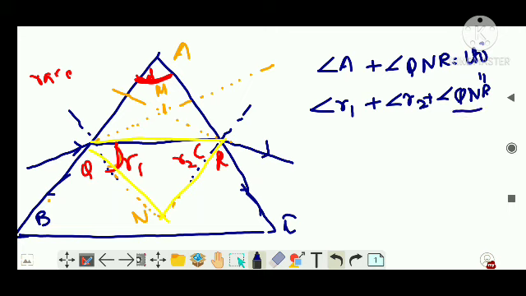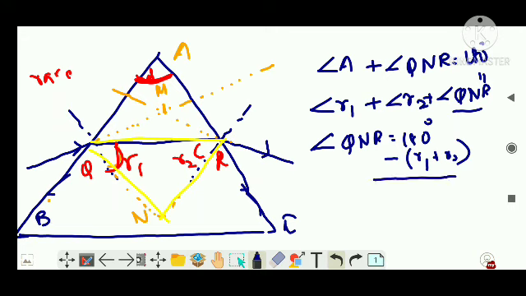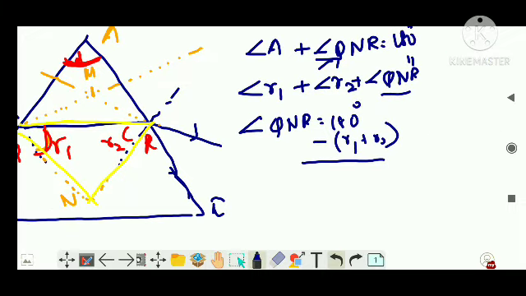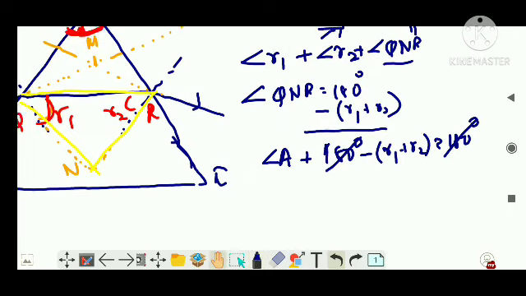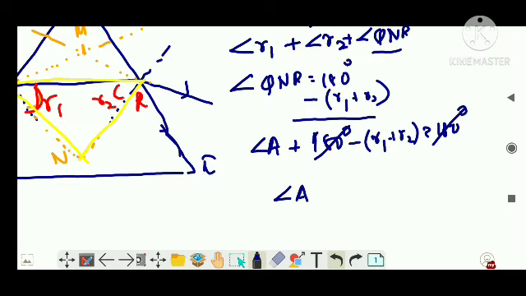From this equation, angle QNR is equal to 180 minus (R1 plus R2). Now I can substitute this QNR: angle A plus 180 degrees minus (R1 plus R2) is equal to 180 degrees. The 180 degrees cancel out. Hence angle A is equal to R1 plus R2.